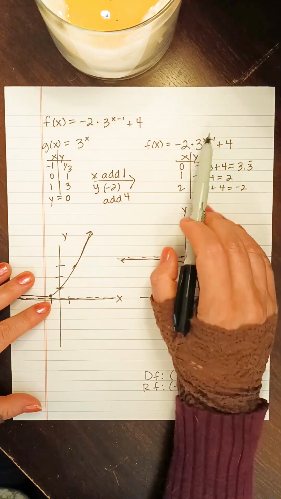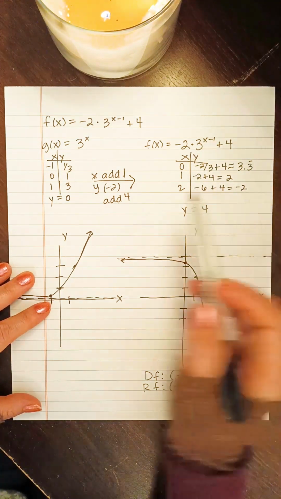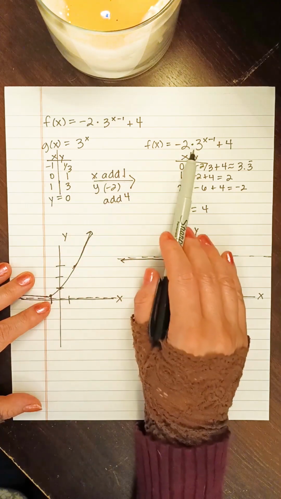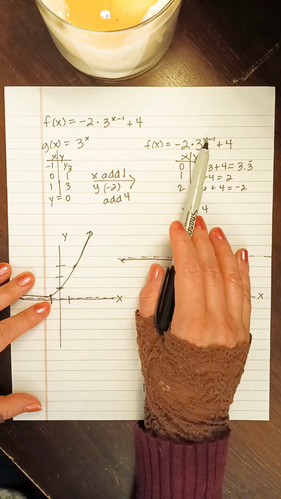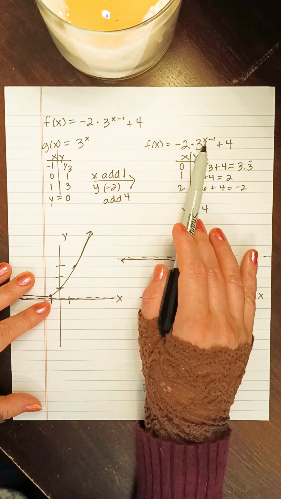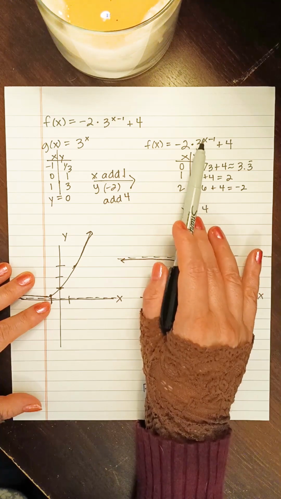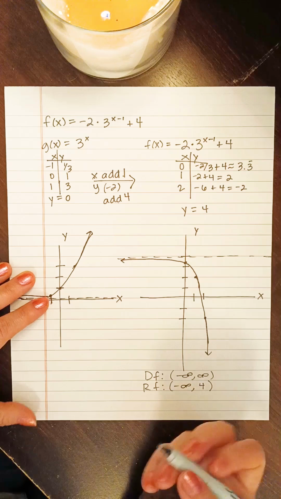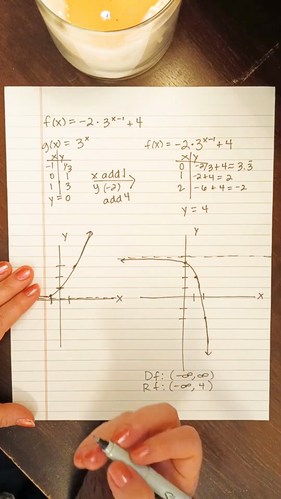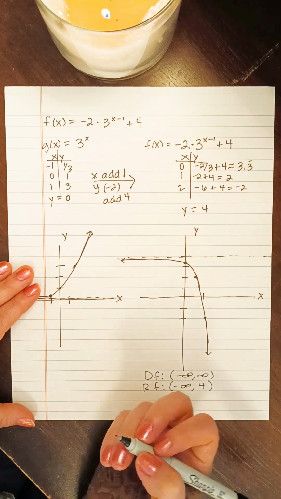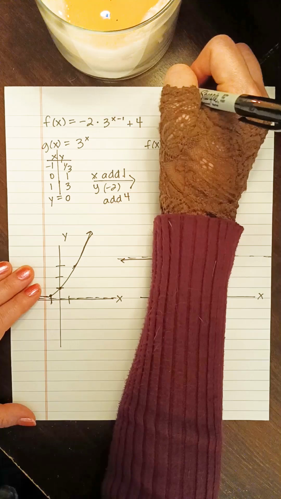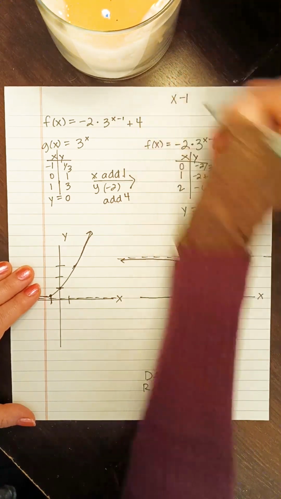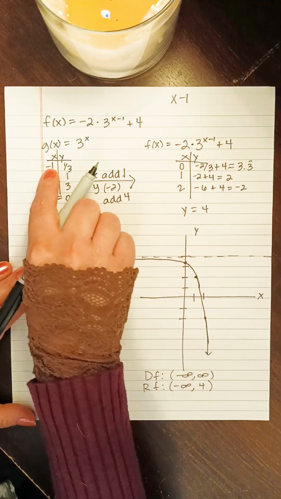We want that to be the case here as well. So if I want this to be 3 to the negative 1, this needs to be negative 1. Just as an aside, we want this to be negative 1.